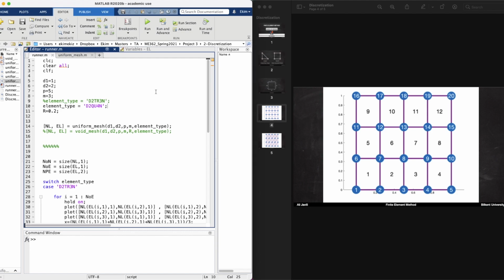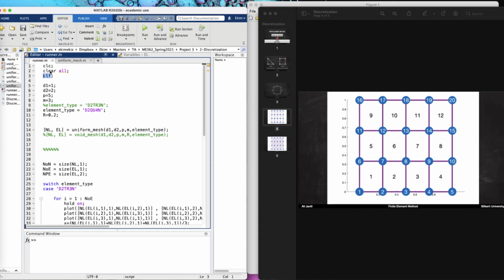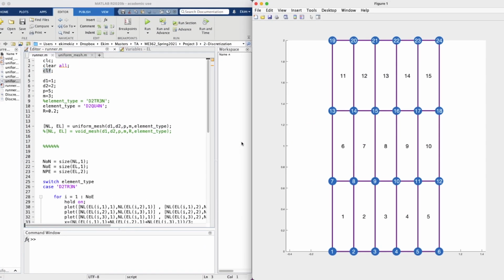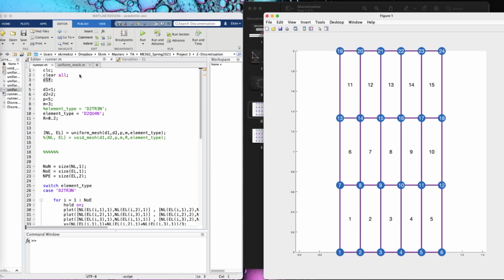Okay, so let's start. Again, we start with clc, clear all, clf. This clf clears the figure. I actually have figures here that we will generate, and I don't want the window to close up, so that's why I use that instead of close all.